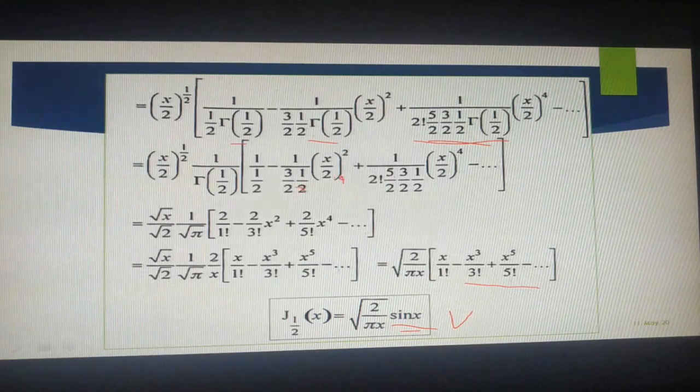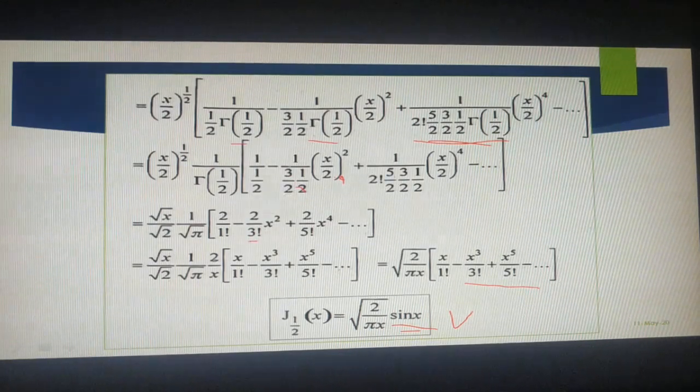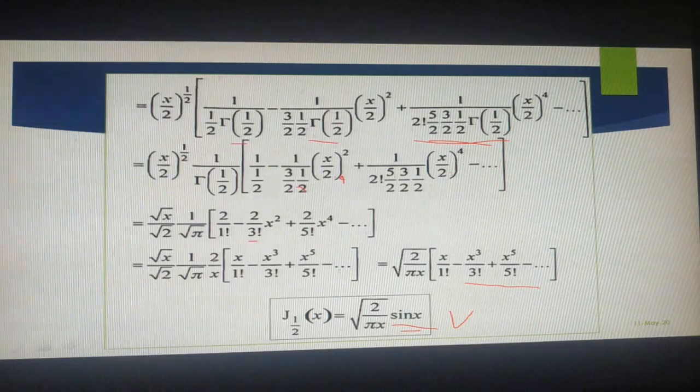Then 3 into 2 into 1 will be 3 factorial, and the remaining 2 goes to the numerator. Similarly here also, 2 to the power of 4 is nothing but 16, so 4 into 4. I will take 4 into 2, so that we can write it as a 5 factorial.